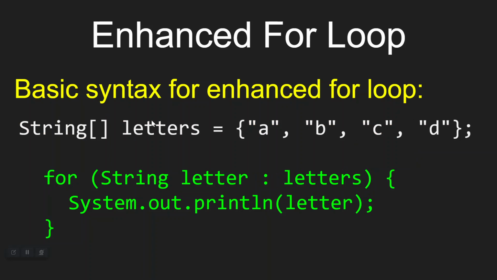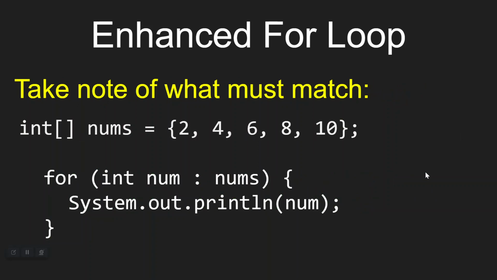So here's an array of strings called letters, and we've got just the first 4 letters of the alphabet stored in there. And now it says for String letter, colon, letters, and then again, in the print statement, it just says letter.